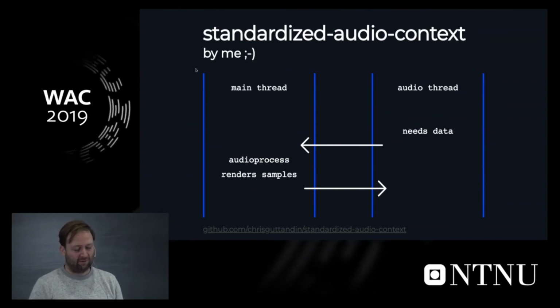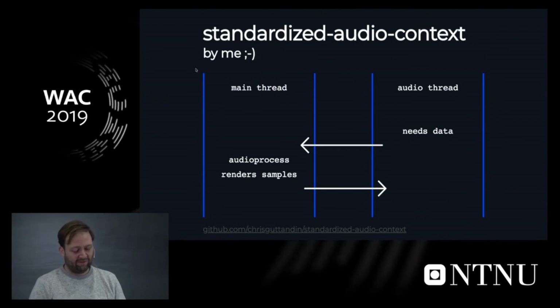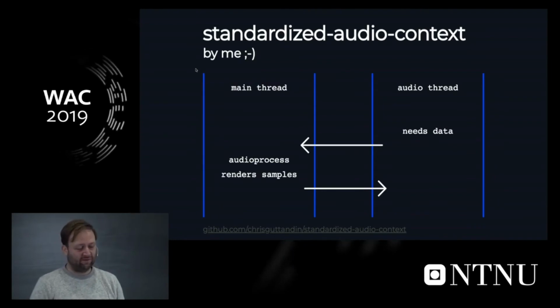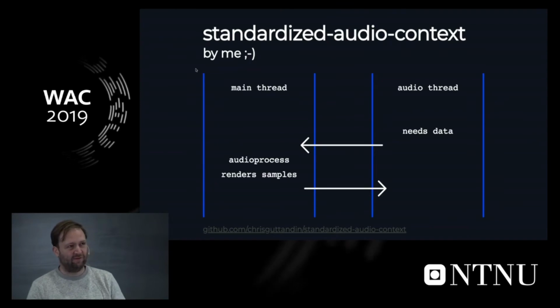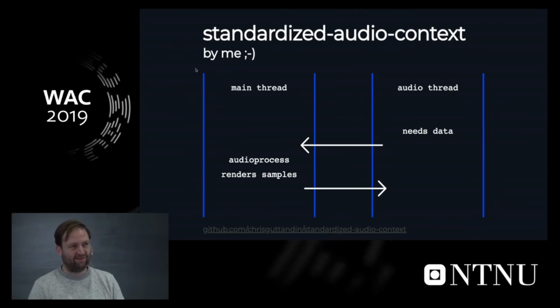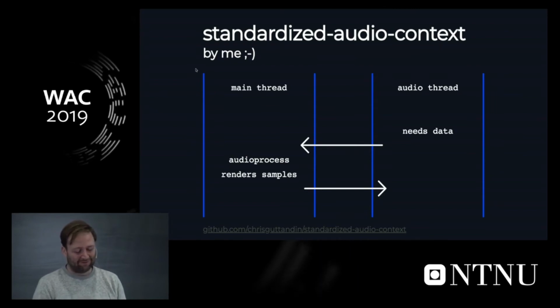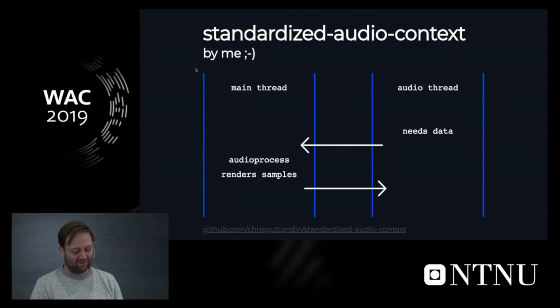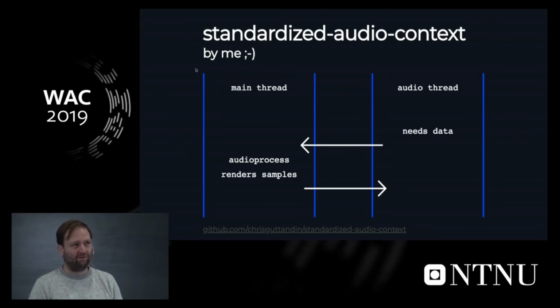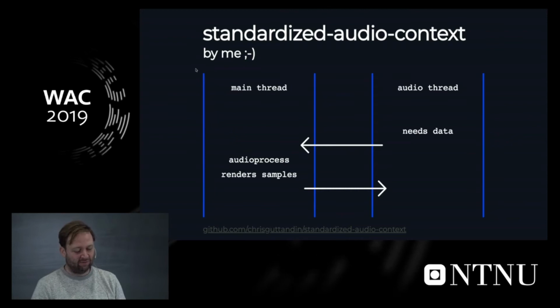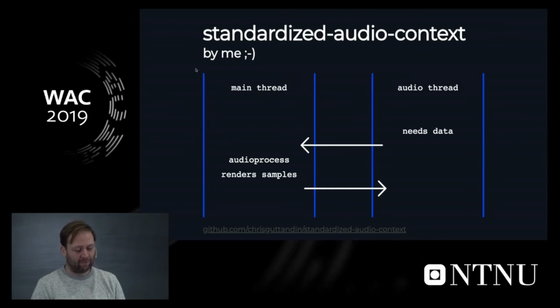If you have an audio worklet which you just downloaded from somewhere, then this is probably not a good idea to evaluate it alongside your other application code, because as Charlie said yesterday, it's JavaScript and you can do almost everything with it. But if you run your own audio worklet, that's probably fine. But the main problem is that you need an almost idle main thread. So you have to make sure all the other things which you need, like the UI framework and stuff like that, is as minimal as possible to have enough time to run the audio rendering on the main thread.